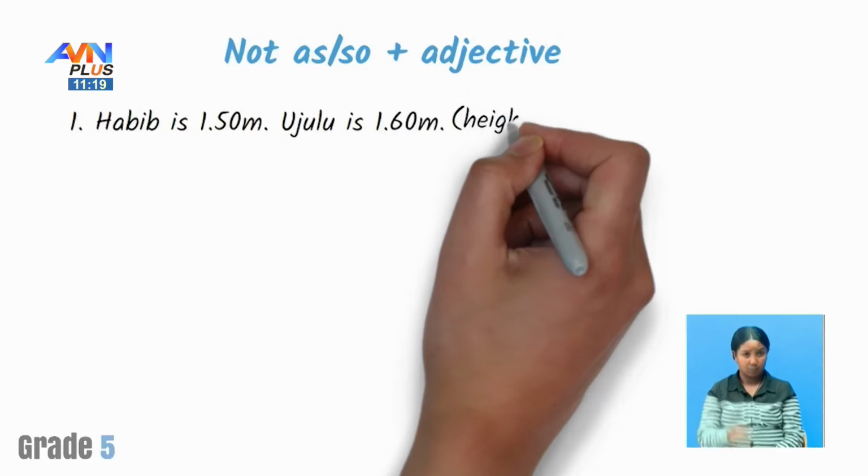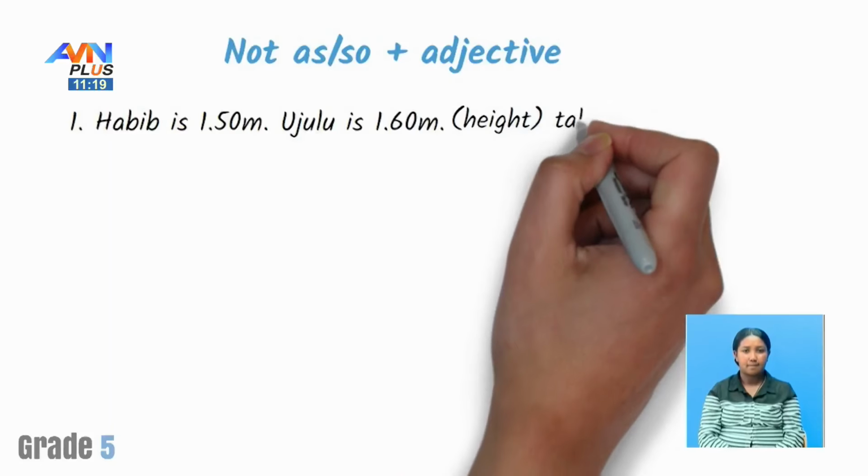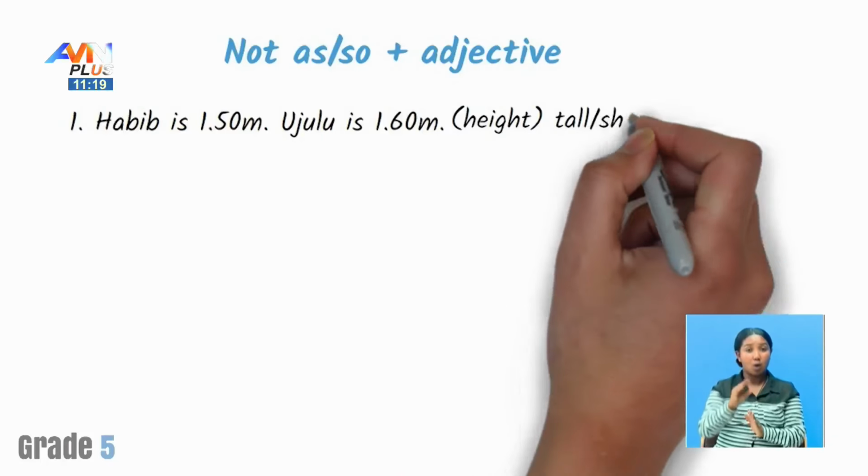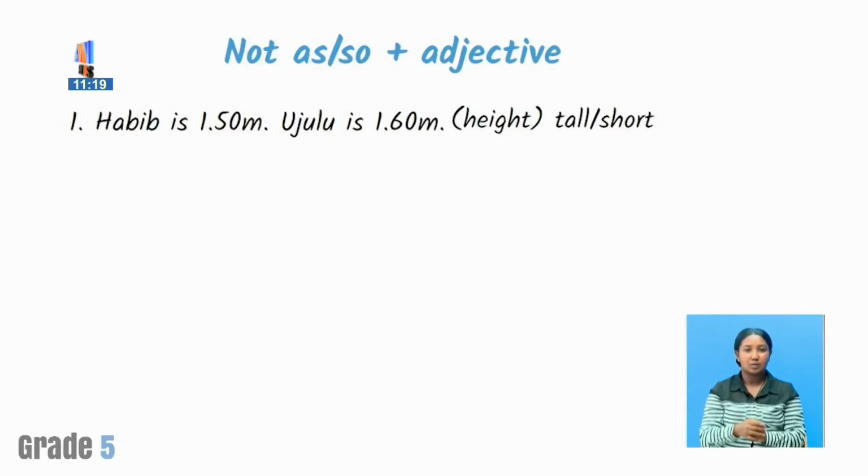Since we are talking about height, we have to use tall or short. So who is taller? Habib is 1.50. Ujulu is 1.60. So please do this one using tall or short within 1 minute.